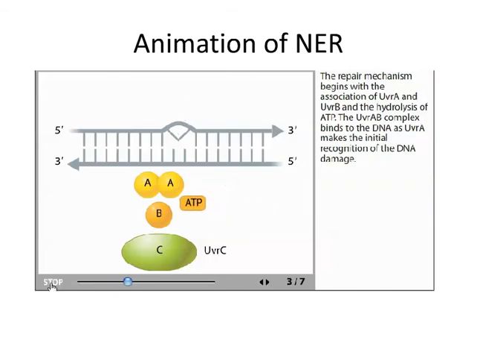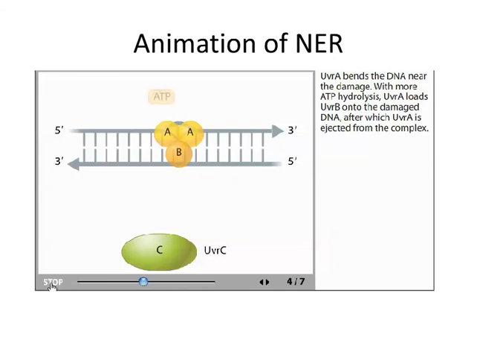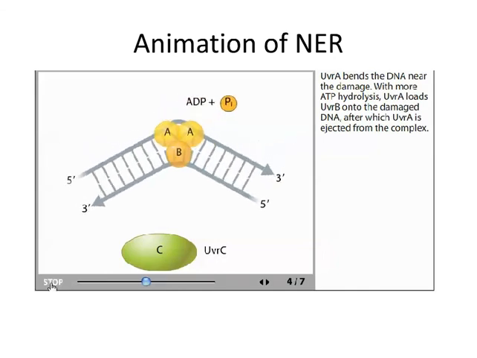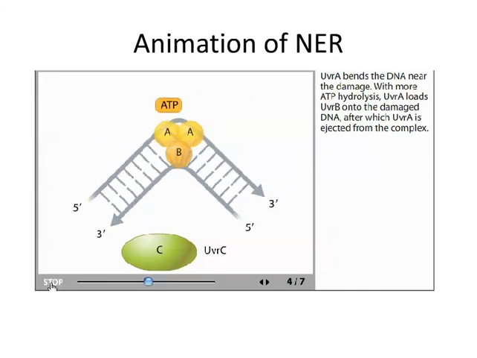The repair mechanism begins with the association of UvrA and UvrB and the hydrolysis of ATP. The UvrAB complex binds to the DNA as UvrA makes the initial recognition of the DNA damage. UvrA bends the DNA near the damage.